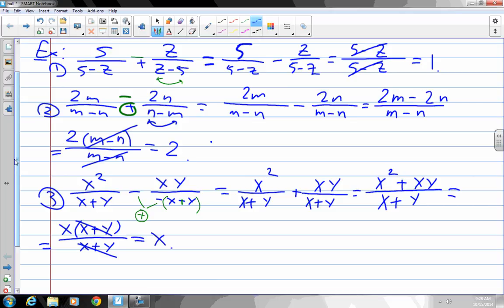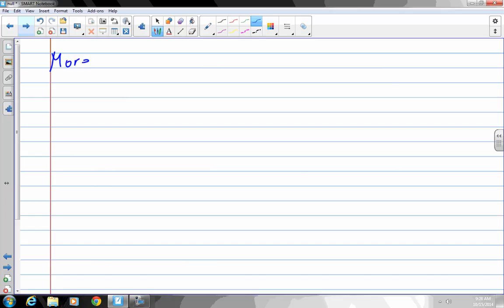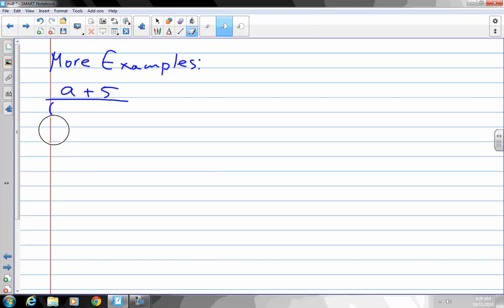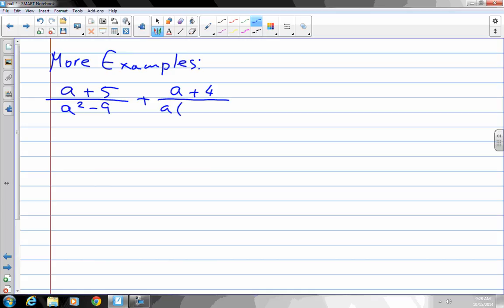All right, so let's do some more examples. a plus 5 over a squared minus 9 plus a plus 4 over a times negative a minus 3.